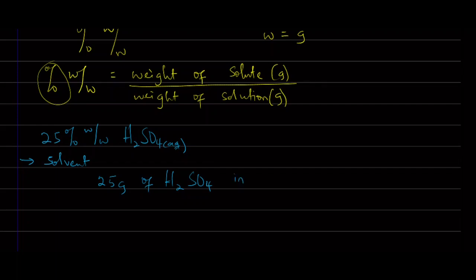Since we are dealing with 100, that is 100 minus 25, which gives us 75. That means 25 gram of H2SO4 is present in 75 gram of the solvent.